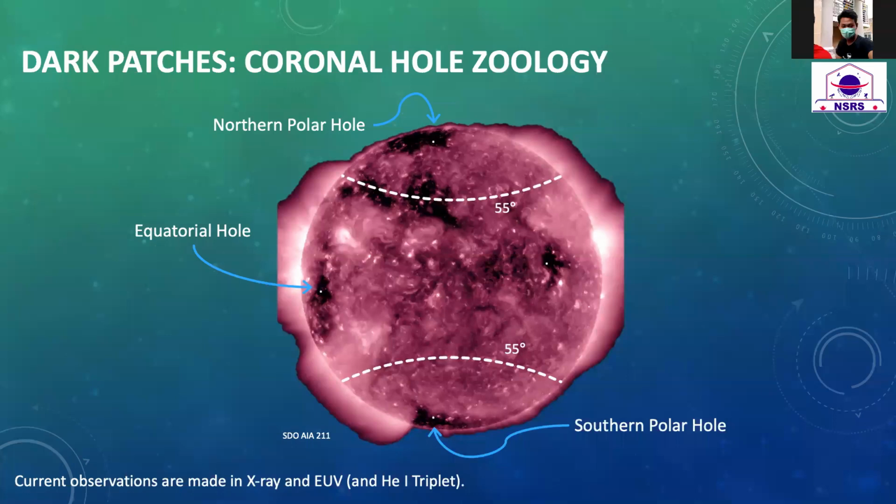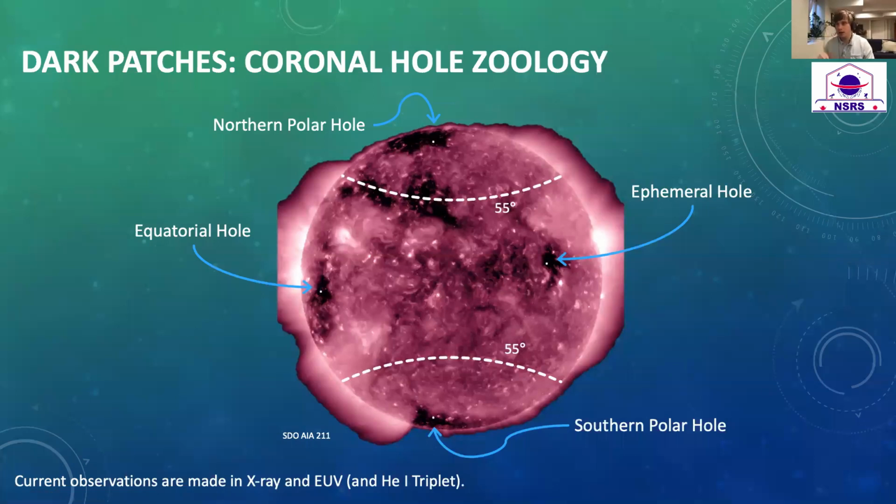Equatorial holes exist only for approximately a few months, up to a year at a time, before they get absorbed back into the sun. So it's this interesting difference where the polar holes are long-lived and very stable. All right, so then the third type of coronal hole is called an ephemeral coronal hole.